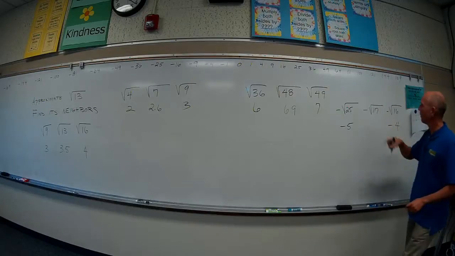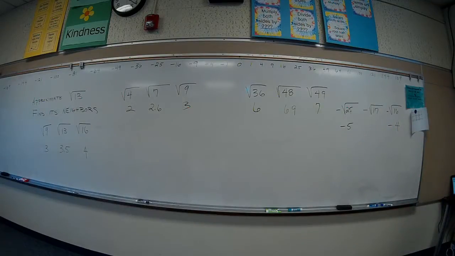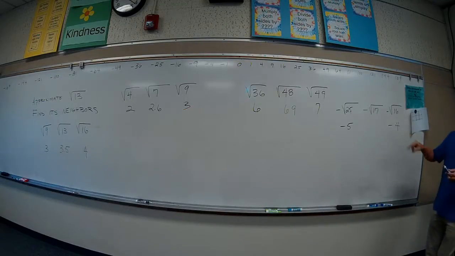So I'm looking for the guy right there in between. What do you think? Is he closer to the 25? Is he closer to the 16? Or do you want to put him kind of in the middle? Closer to 16. Like super close to 16? Yeah. Which means if he's super close to 16, he's super close to that 4.